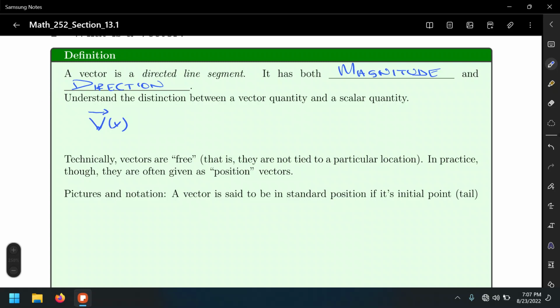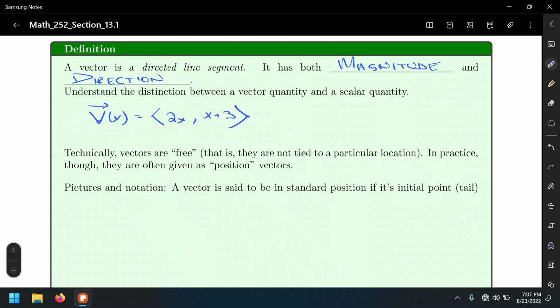And we use the notation, for example, something random, 2x, comma, x plus 3. These are called angular parentheses, if you will. This is to denote that this is a vector quantity. So that's a vector quantity versus a scalar quantity.